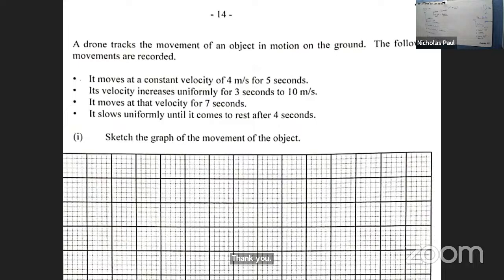Oh yeah, write the info down and we are going to do the graph together, right? Write the info down, quick.